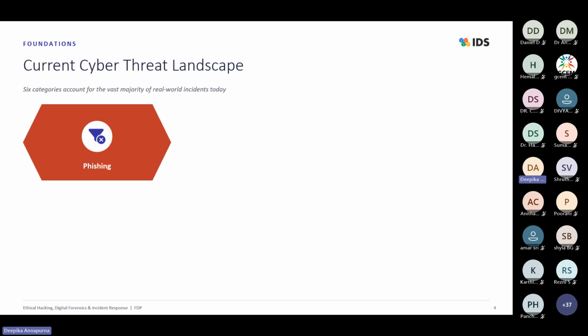Attackers will try to send you emails or SMS or fake social media messages pretending to be a trusted organization or a trusted bank, let's say. You got an email from a bank saying you have to update your Aadhaar card number or PAN number, but it is from a fake email. You don't observe where the email is coming from. You are undergoing a phishing attack, right?